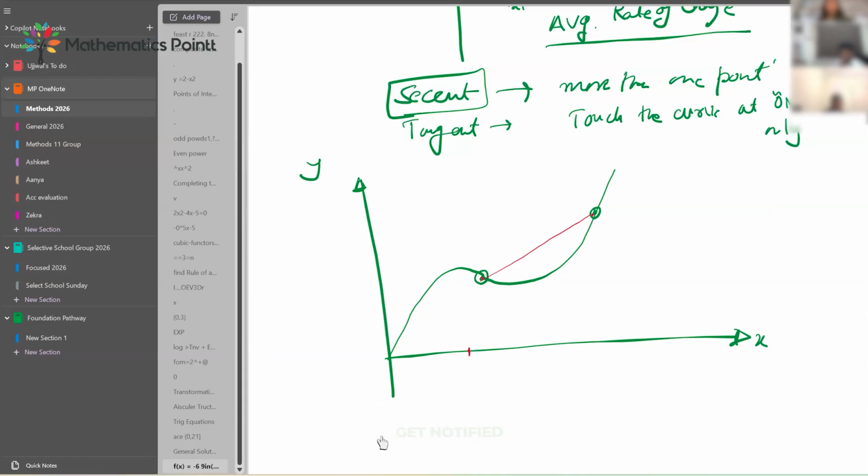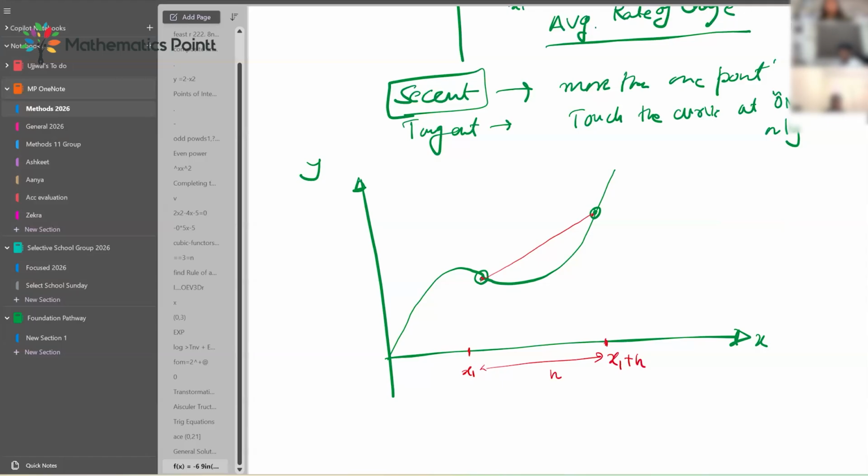This point is x1, and the other point is, let us say, h units away from x1. So what is this point? x1 plus h, right or wrong? Am I making sense?